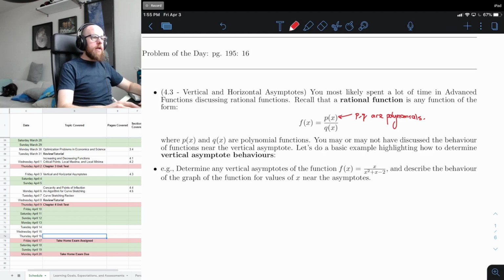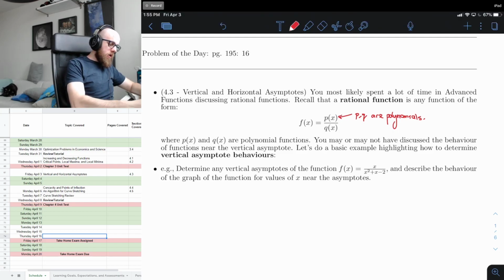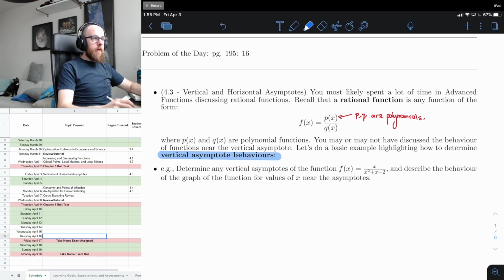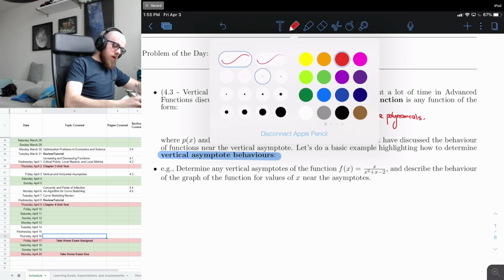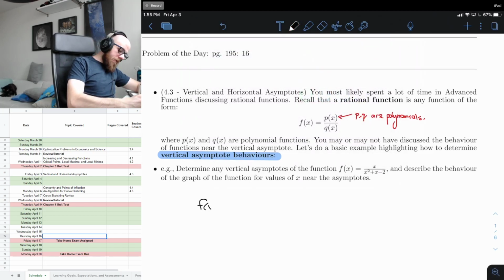Let's try to figure out how to find what I like to call vertical asymptote behaviors, or more specifically, the behaviors of the function near the vertical asymptotes. Okay, and so I have this function here: f of x equals x over x squared plus x minus 2.